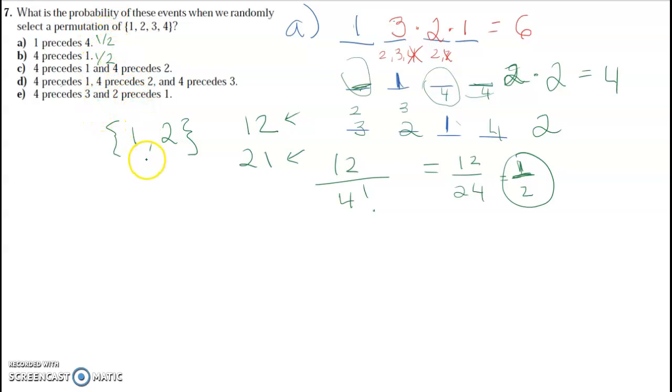C is 4 precedes both 1 and 2. Let's actually count this one as well. So we have 4 places here. Let's say that 4 is occupying the first space. Then 1 and 2 can be anywhere in the remaining spaces, so we have 3 choices here.